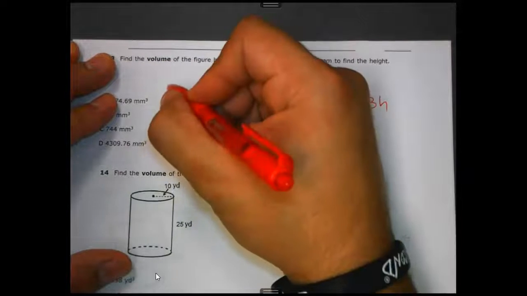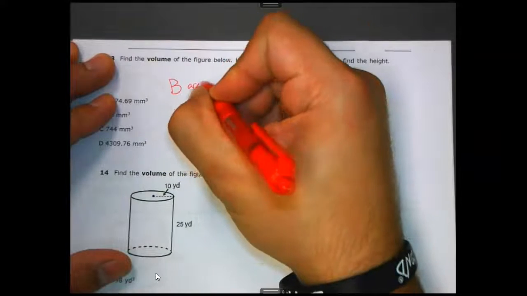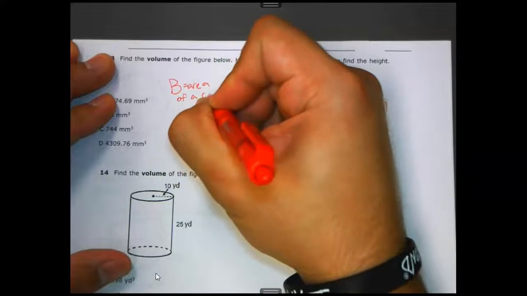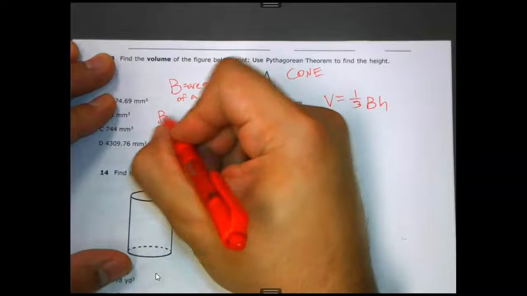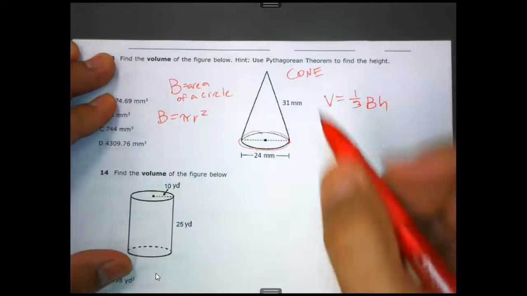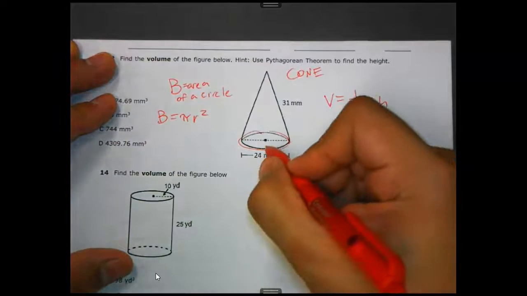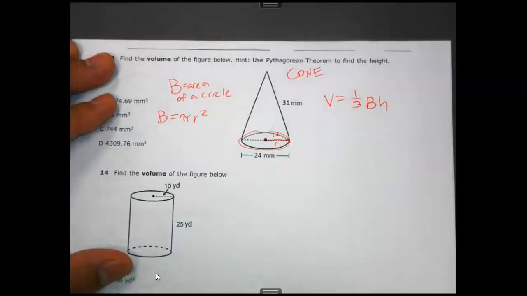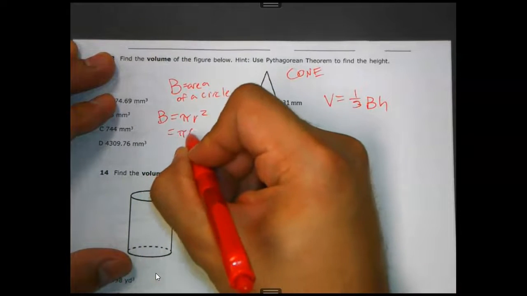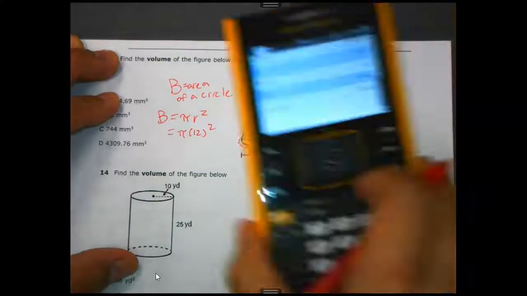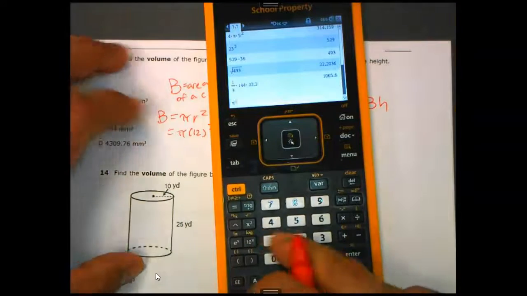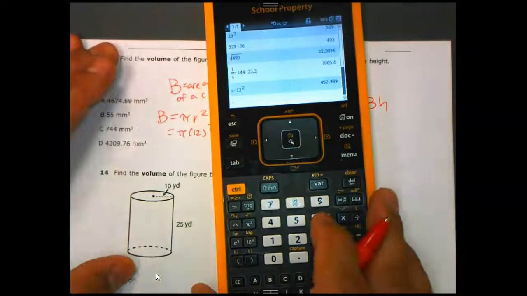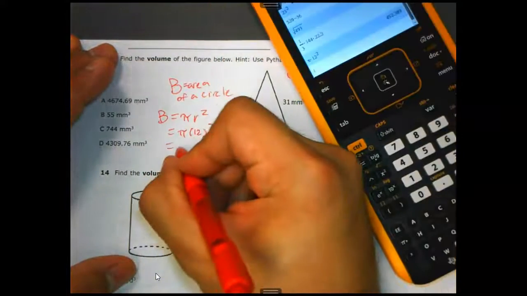For a circle, big B is the area of a circle, so big B is going to be pi r squared. R is not 24. Halfway across is 12 still. So pi 12 squared. If I type that in my calculator, I get 452.39.